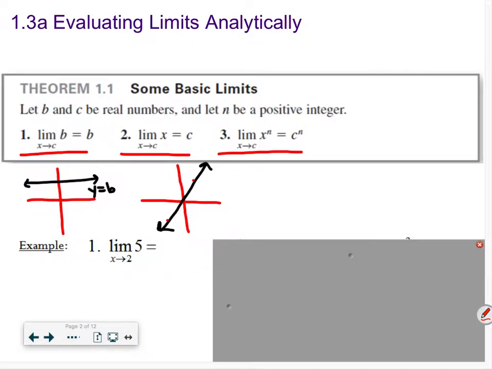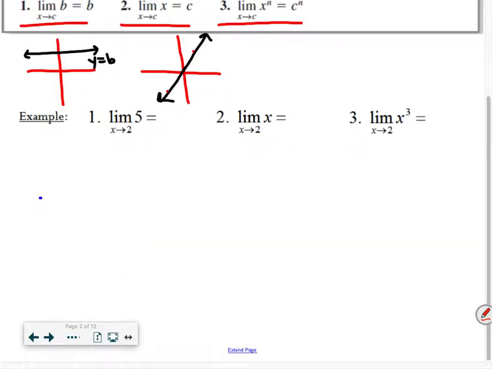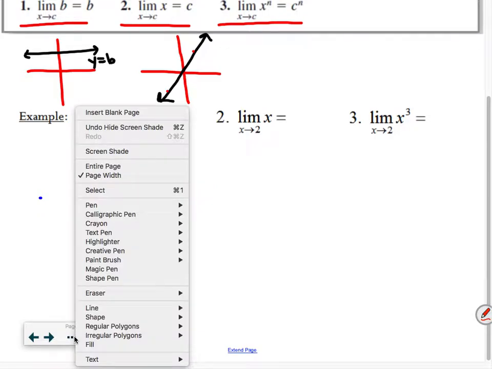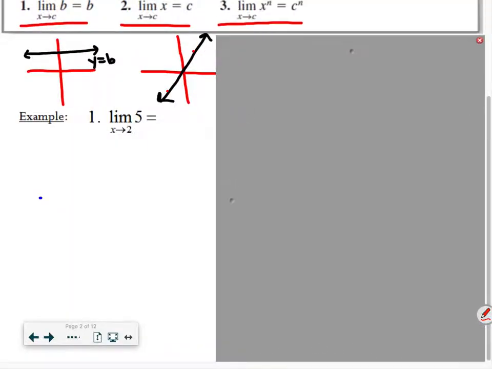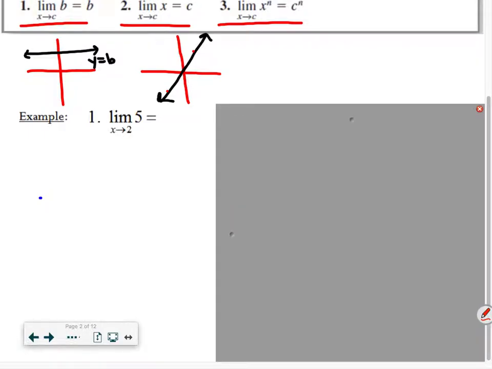If I ask you for the limit as x approaches 2 of 5, I hear 2, I hear 5.